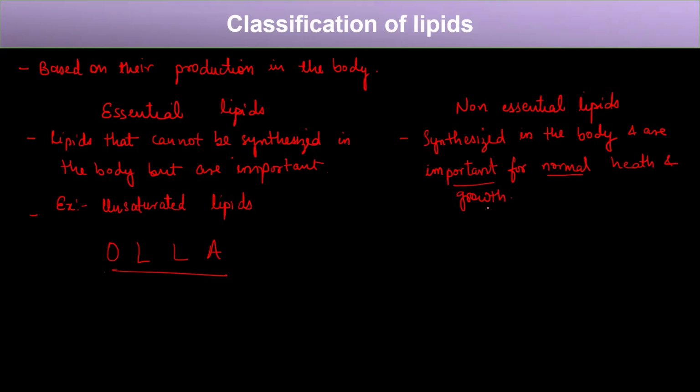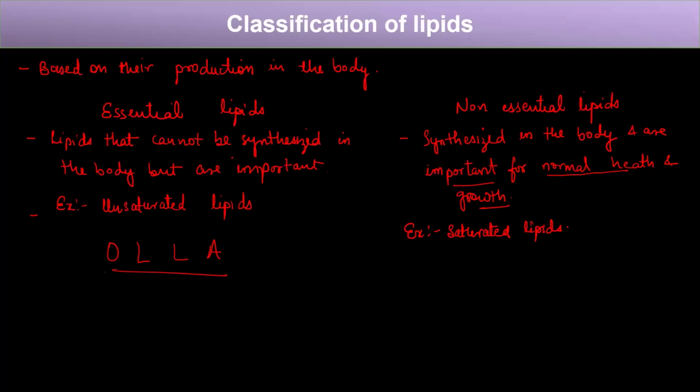This line is important because there are many lipids that are not healthy. It does not mean that they will fall under the essential or non-essential category if they are not healthy. So it should be healthy. If it is synthesized in the body, then it is non-essential, and if it is not synthesized, then it is essential, right? And the examples are saturated fatty acids.